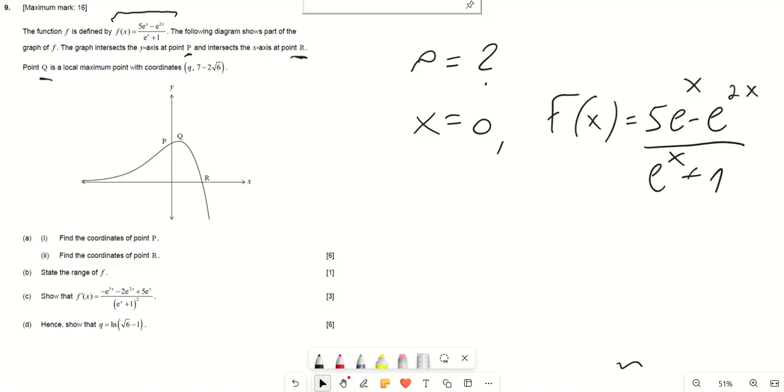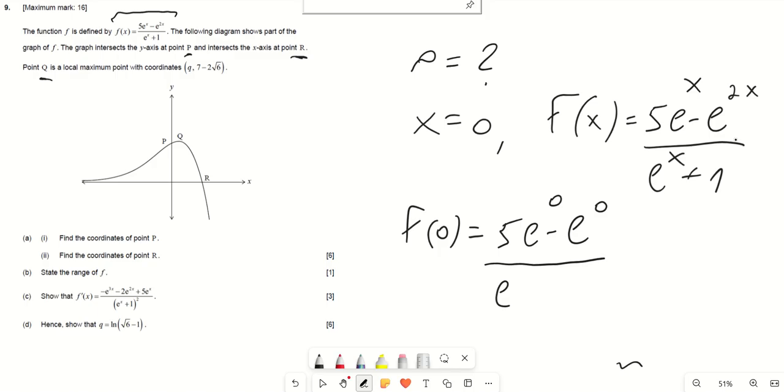So I have to substitute x equals 0, and I get 5e to the power of 0 minus e to the power of 2 times 0, which is also 0, divided by e to the power of 0 plus 1.